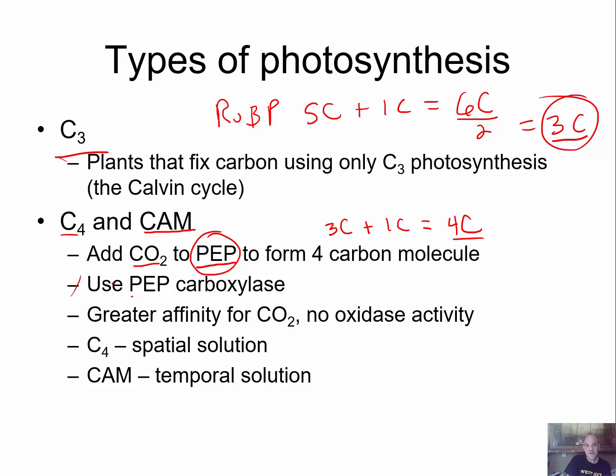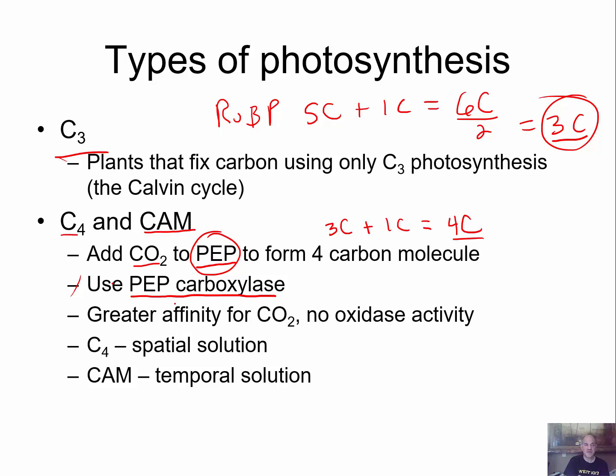Now this is going to be done with the help of phosphoenolpyruvate carboxylase, and this particular enzyme, unlike rubisco, the enzyme for fixing carbon dioxide on ribulose bisphosphate, that one doesn't have as great an affinity for carbon dioxide.